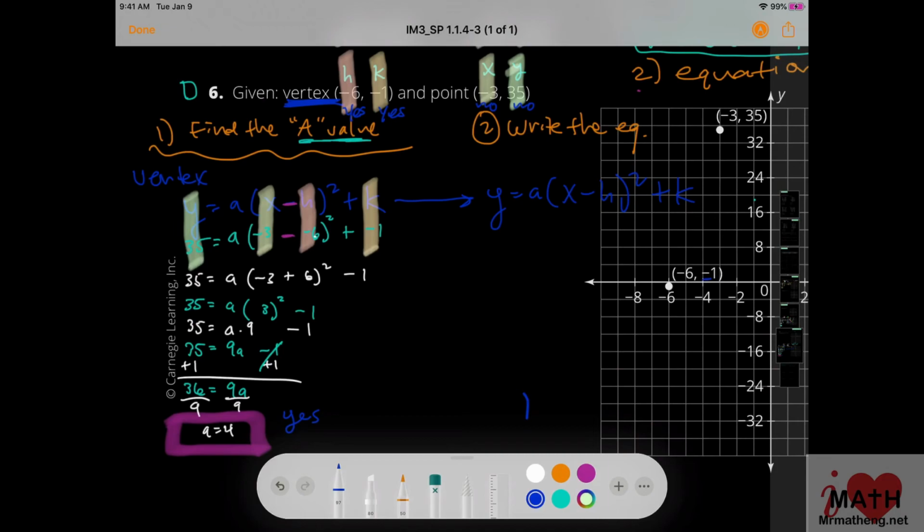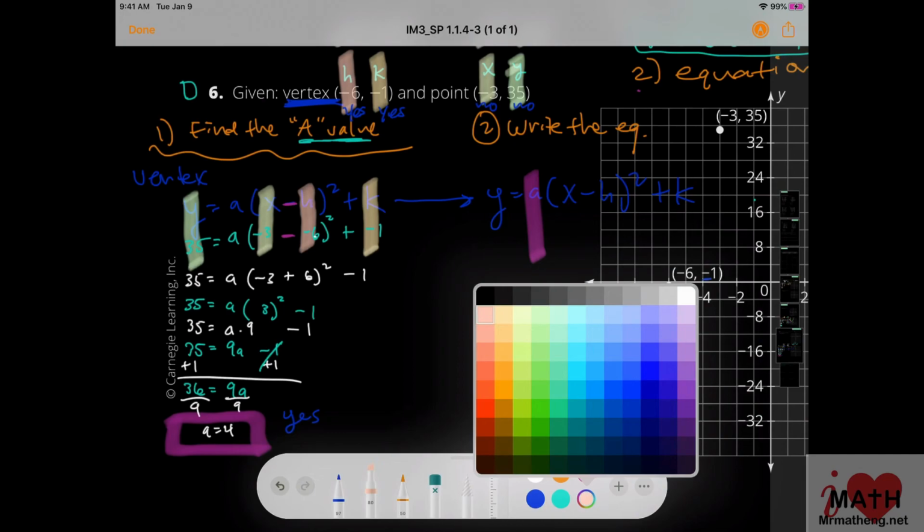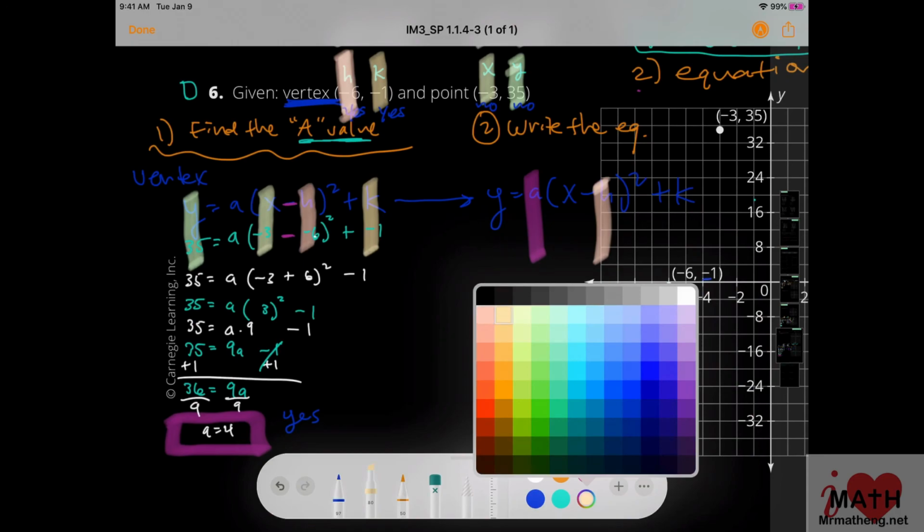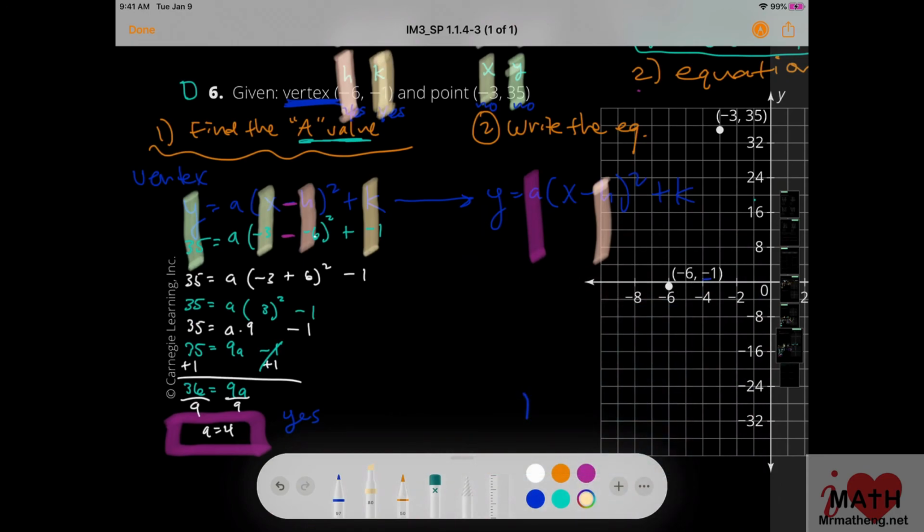So let's go ahead and use our highlighter. And what did we do? Okay, a is 4. And then h from up here goes here. And then my k value from up here goes there.